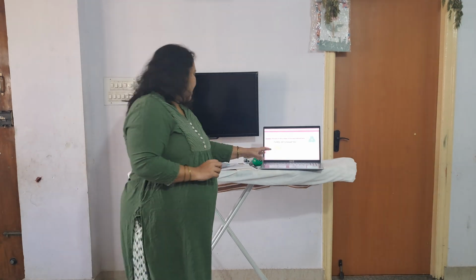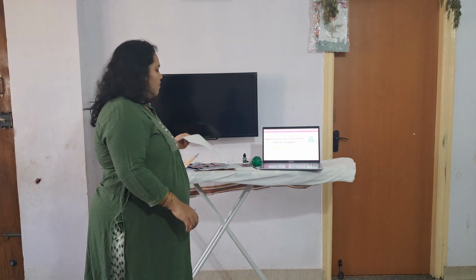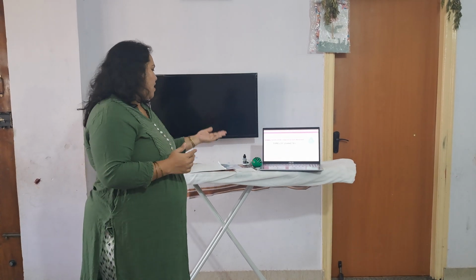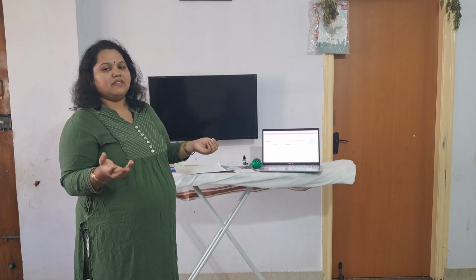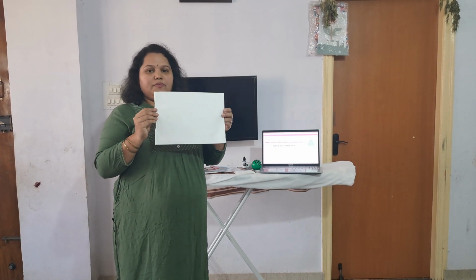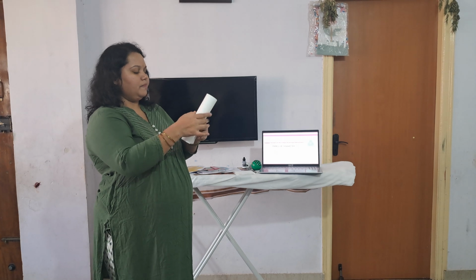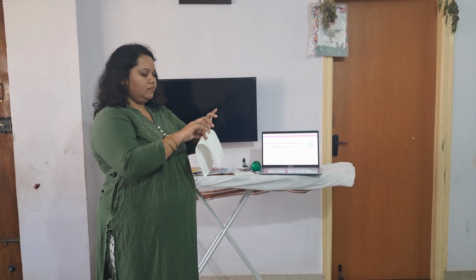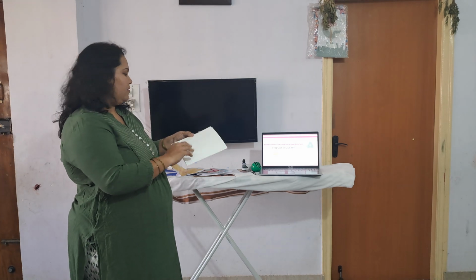Now, what is line of symmetry? It is an imaginary line that can be drawn so that the object is divided into two equal halves. For example, I want to show you: take one sheet of paper and fold it in the middle, exactly half.